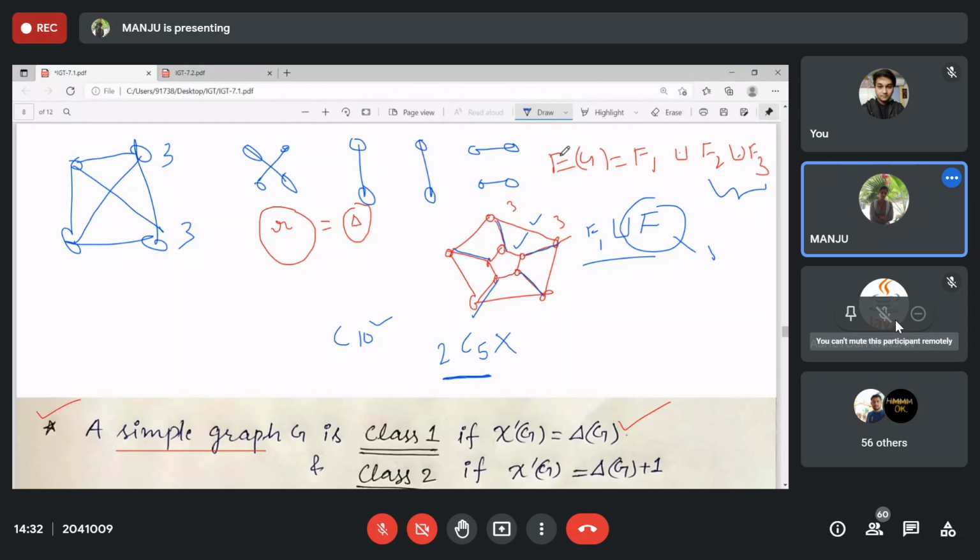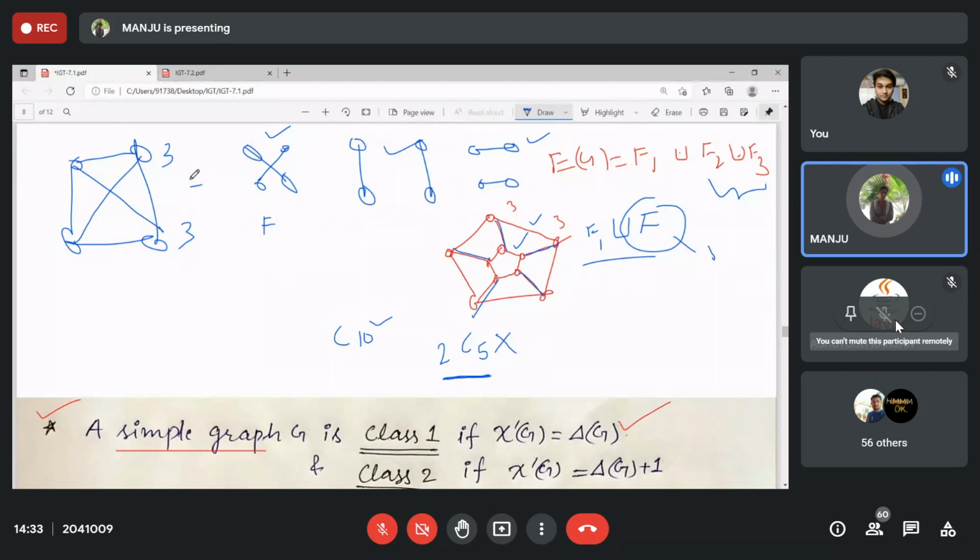So this is one factor, this is one factor, and this is one factor. So you can decompose the edges of this graph K4 into one factors. How many one factors? 3 number of one factors. Clear? And all are disjoint.